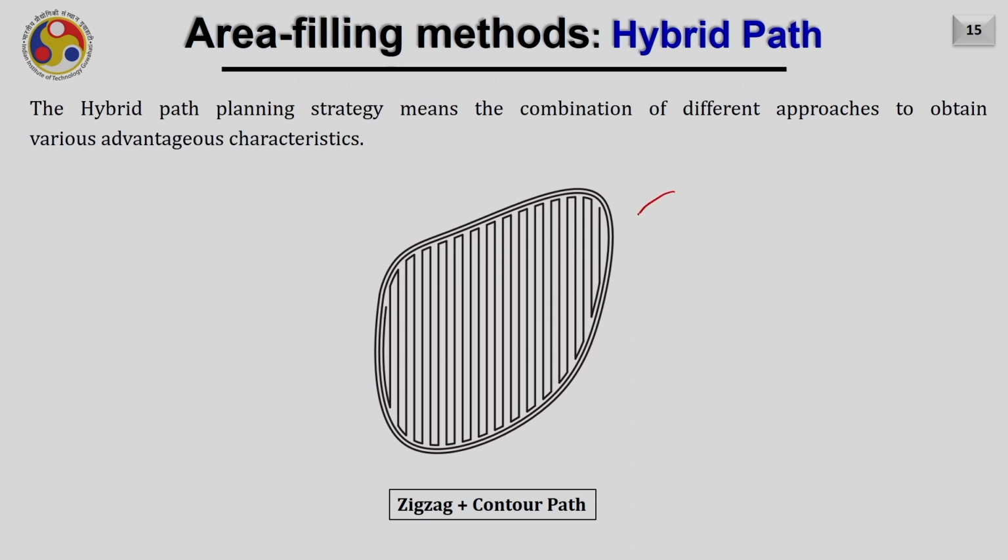For example, you are seeing here. As we know, when we scan by the raster path, the issue comes along with its edges. It approximates any contour by linear edges.